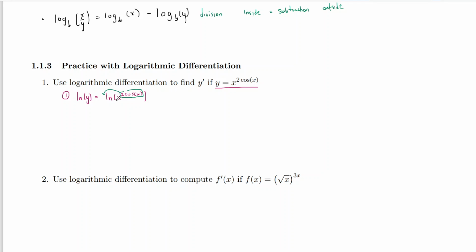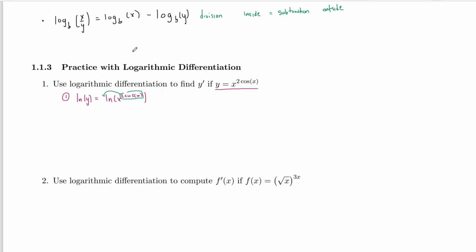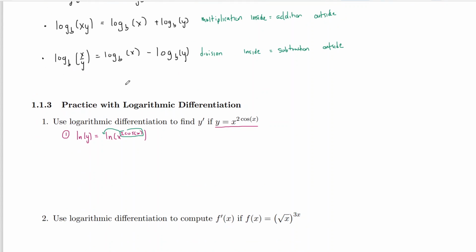In fact, we're not going to have an exponent at all. So this is using rule number 1 here. We're bringing the power out front because it's the entire portion of x. So the entire inside being raised to that power, which is just x. Okay, so this simplifies. We get 2 cosine of x times the natural log of x.